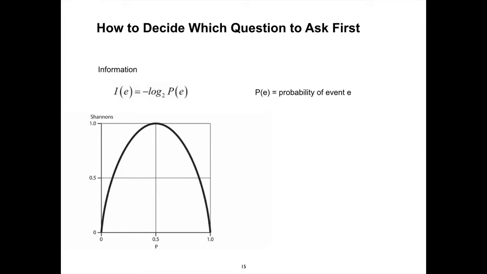But as the probability goes from 0 to higher, the amount of information we get increases, right? And it increases up to 0.5. And then of course, it decreases down again. Okay? So we have a sort of mathematical definition of information.